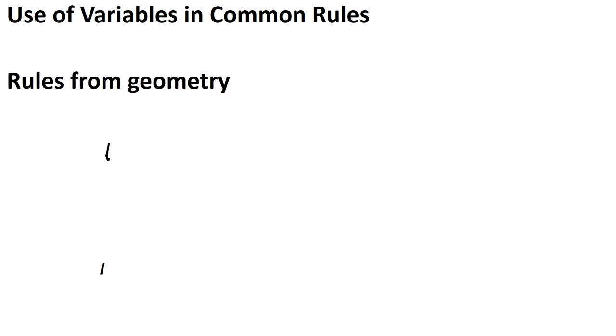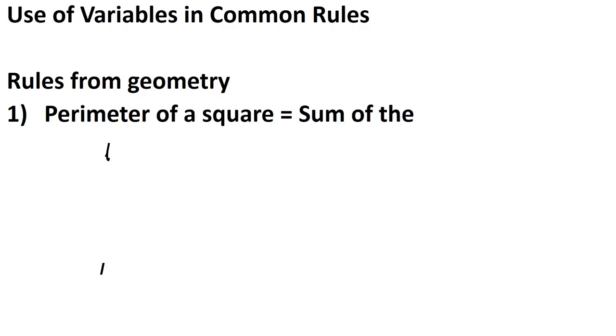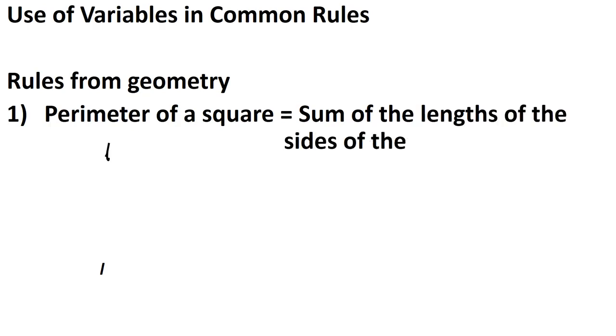Now see, we can use it in common rules also. How can we use it in common rules? Rules from geometry. First is perimeter of a square. You know perimeter of a square is the sum of the lengths of all the sides of the square. And you know very well that in a square all the sides are equal.